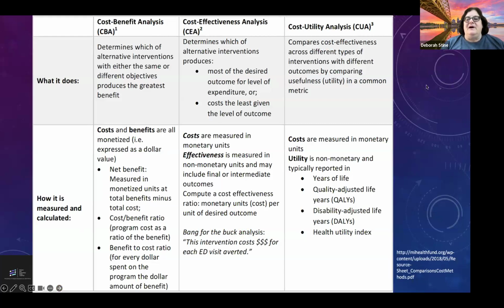So this is a brief overview of these three core methods.